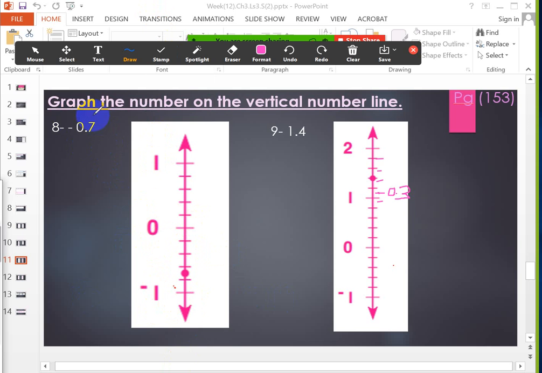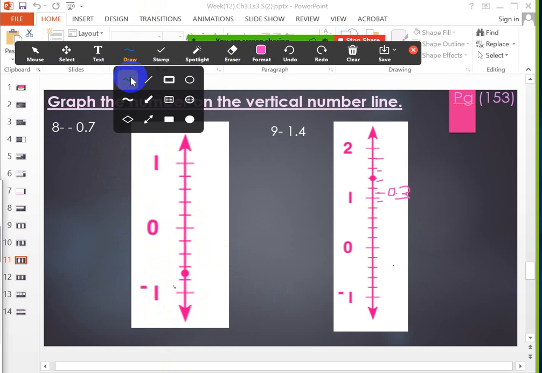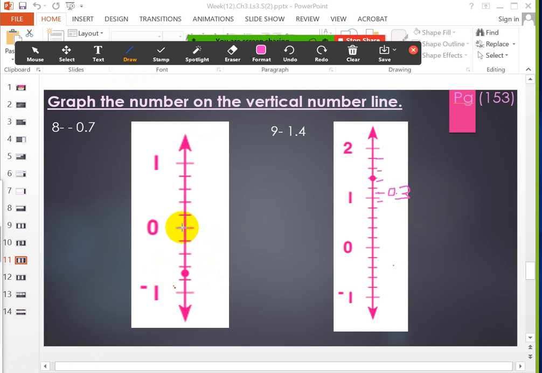Also, you have a decimal number, girls. The easiest way is to divide the distance between 0 and 1 into 10 equal parts. Divide the distance into 10 equal parts.